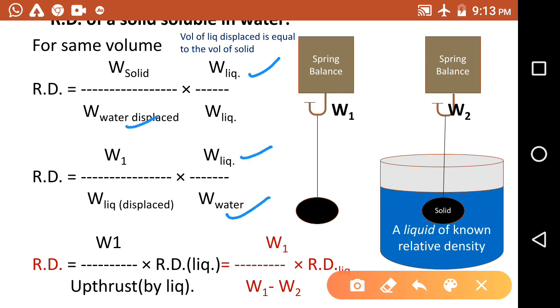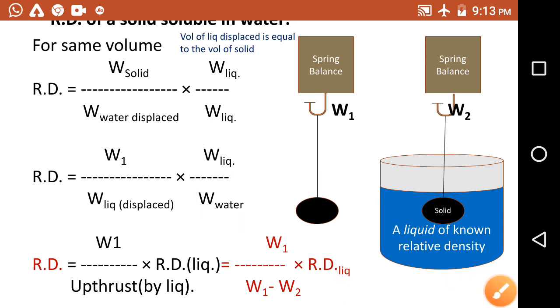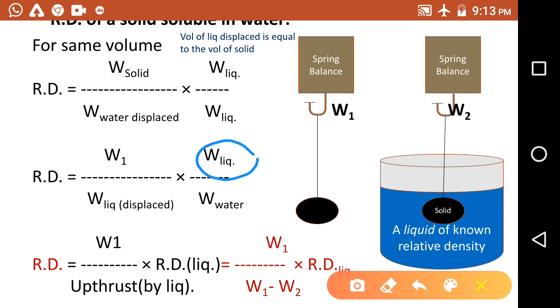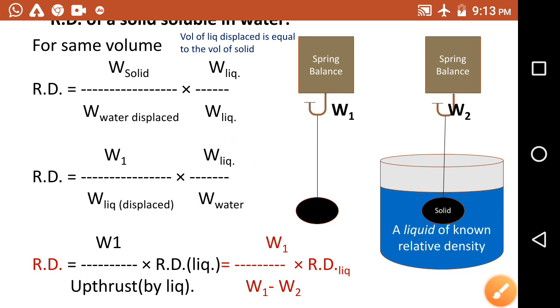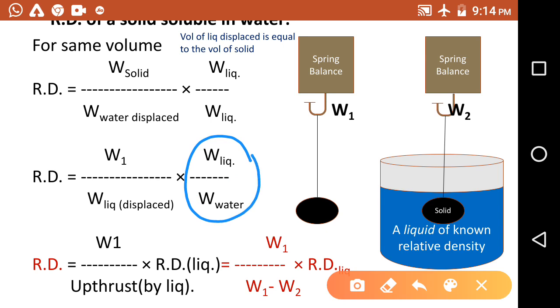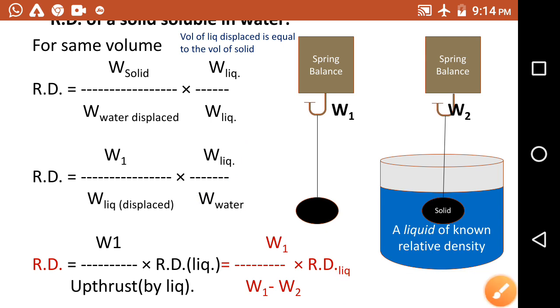If those two are divided, we get the relative density, which is the weight of a substance divided by the weight of water. So the weight of the liquid divided by the weight of water gives the relative density of that liquid, and we know that the relative density of the liquid is given. Whatever liquid we have taken initially, its relative density is a known term, so we have the value of this ratio.